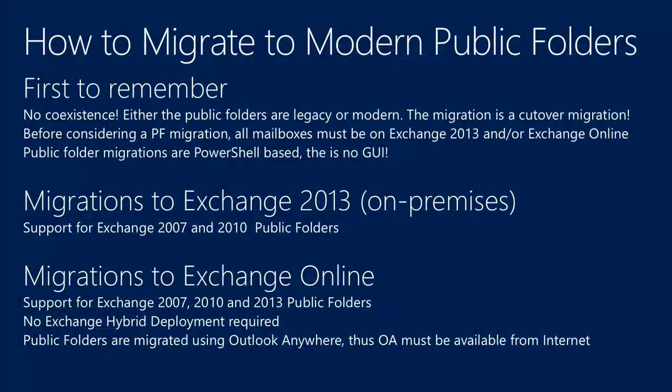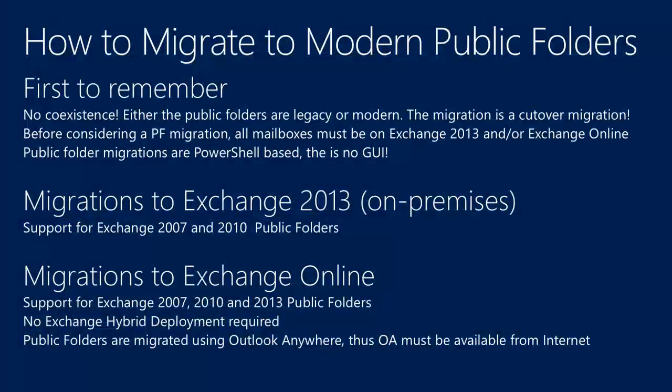So what you can do is migrate to Exchange 2013 from 2007 and 2010 public folders on-prem. And to Exchange Online, you can go from 2007, 2010, and 2013. The key here is to remember, when you want to go to Exchange Online, you don't need a hybrid deployment for doing that.